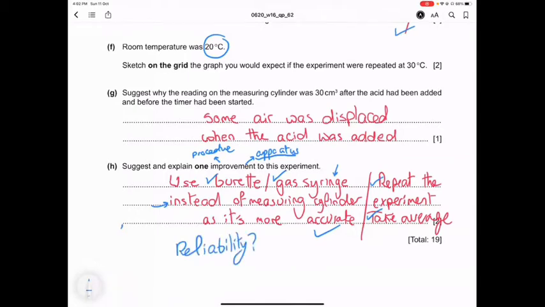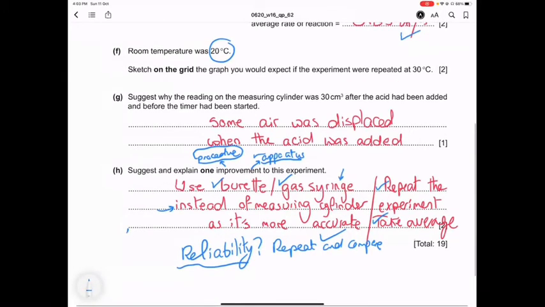You repeat, but you don't take average. You repeat and compare the results, okay? So repeat and compare when he says reliability, repeat and take average when he says improve the procedure, and you find something wrong in the apparatus and you improve it if he says improve the apparatus. If he left it open, just an improvement, you could say either an apparatus related improvement or repeat and take average.